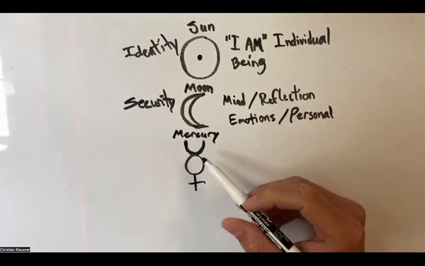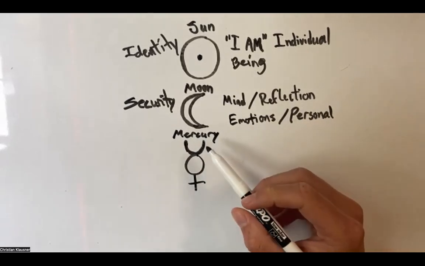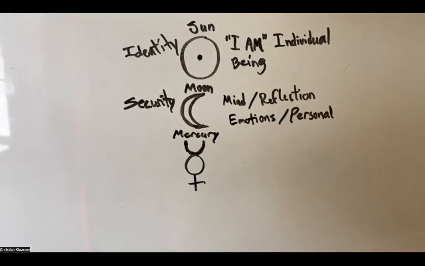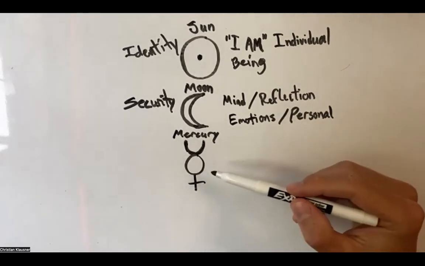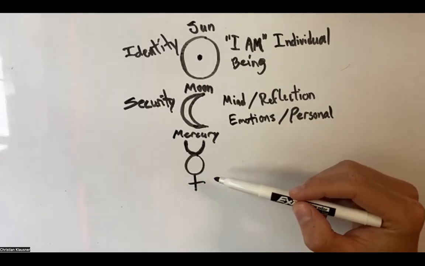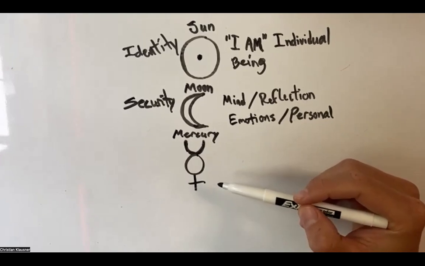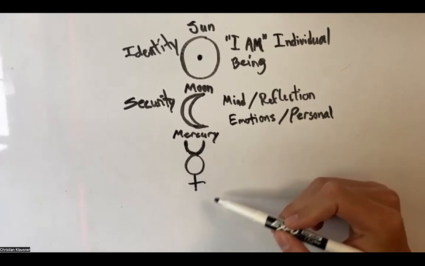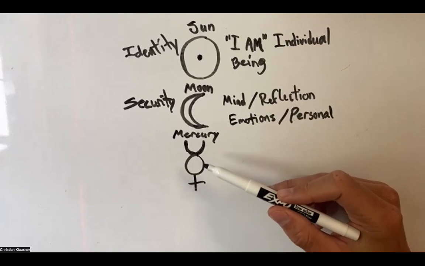Mercury is the god of thought and speech. And it is said that human beings, in old Hermetic texts, it said that humans were bestowed the gift of language and thought. And in this gift, we were given the ability to create.